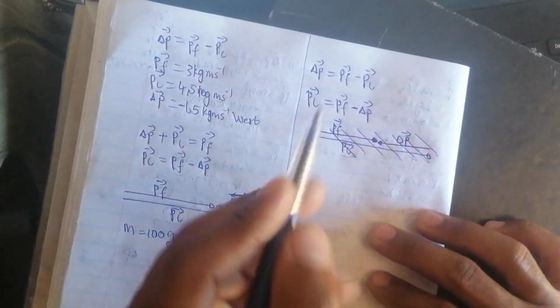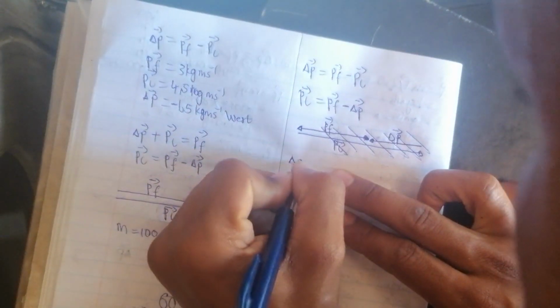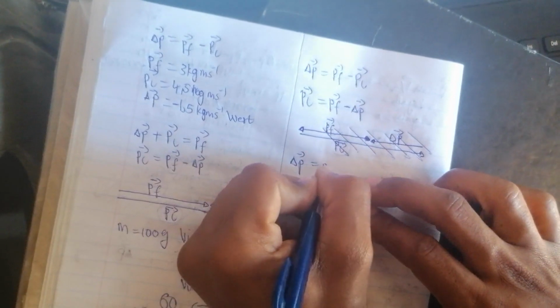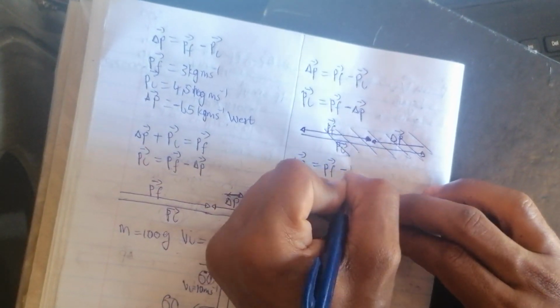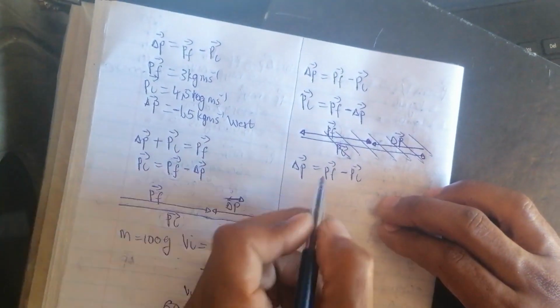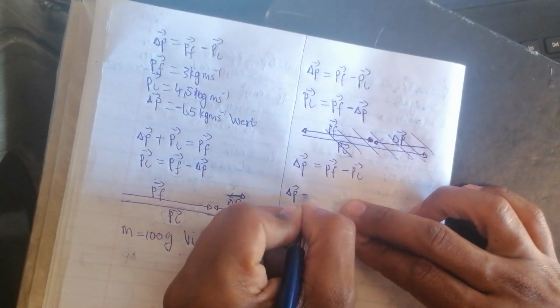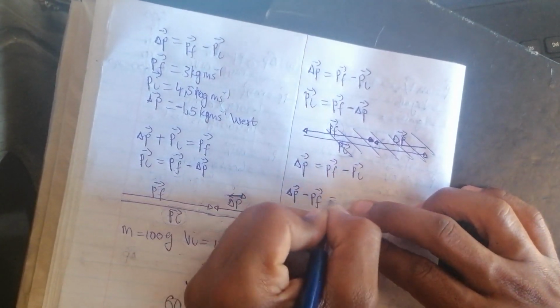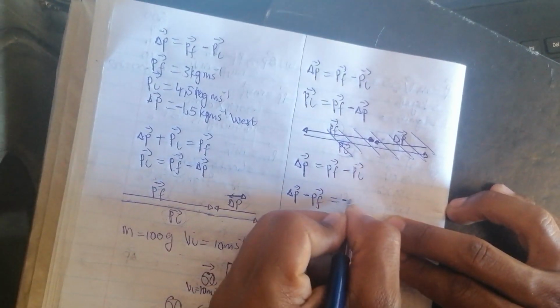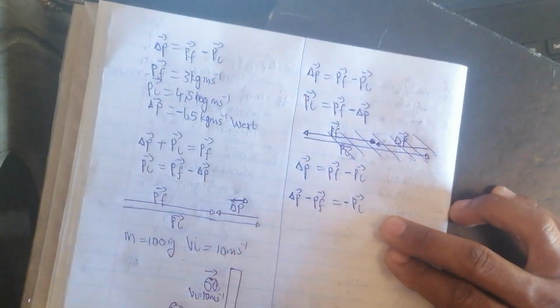Now look into this. The change in momentum equals final momentum minus initial momentum. So take this to the other side: change in momentum minus final momentum equals minus initial momentum.